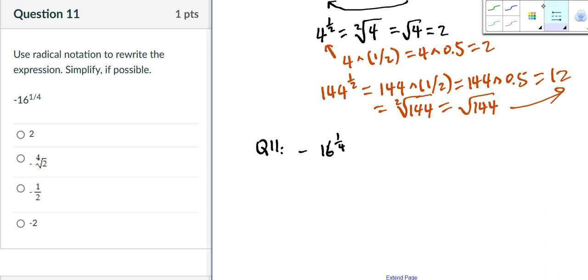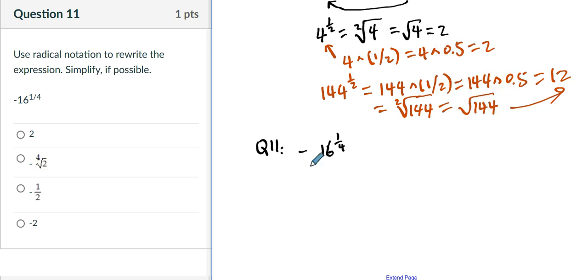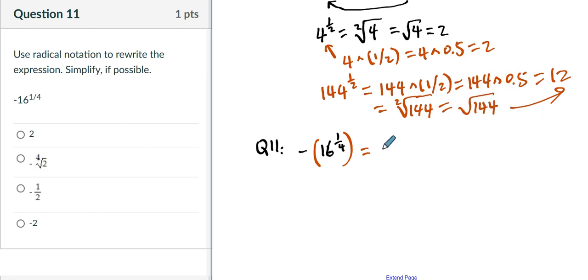Basically, that means there is a negative outside of this 16 to the 1/4. So you leave the negative alone. And you know inside is the fourth root of 16.